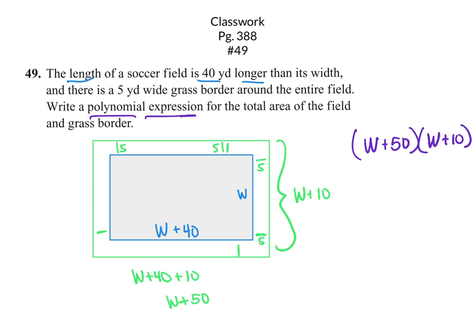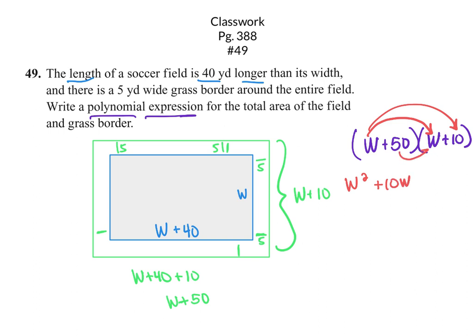So you want to interpret what they told you. If you have to draw a picture, draw a picture, all right? Label width and length, and then say, oh, well, the length is 40 more than the width. That's W plus 40, all right? And then from here, we're just distributing. We're just doing our foiling method at this point. What is W times W? W squared. What is W times 10?